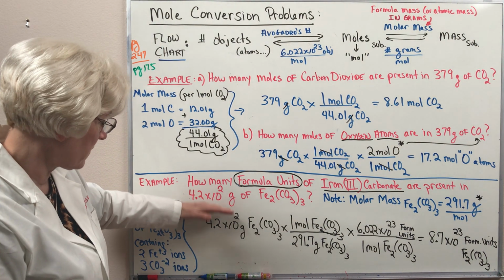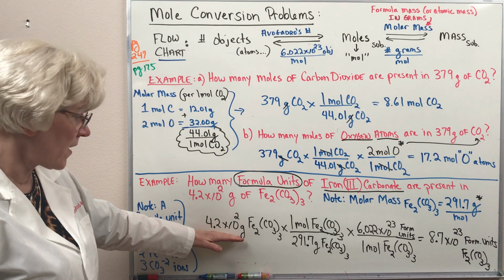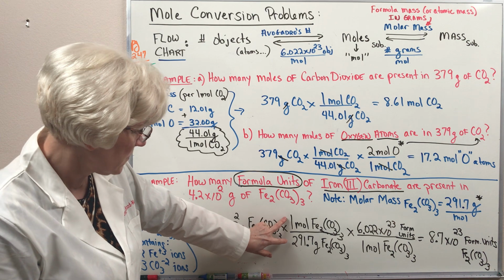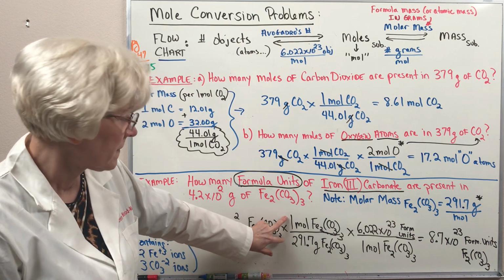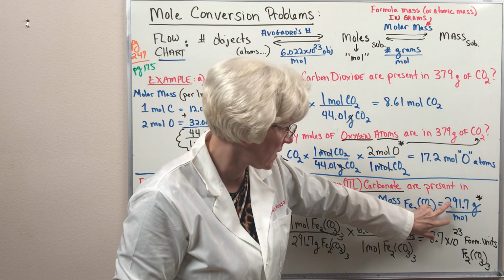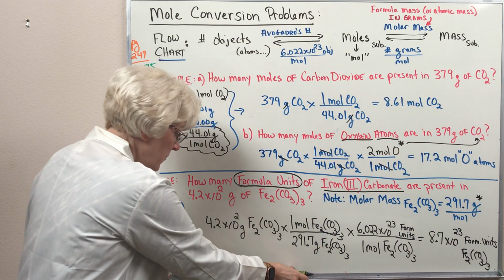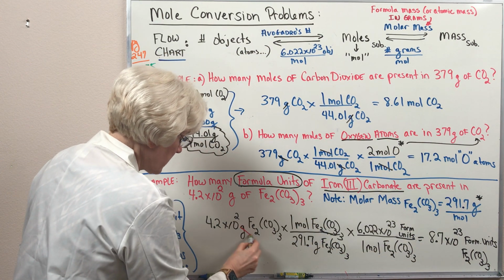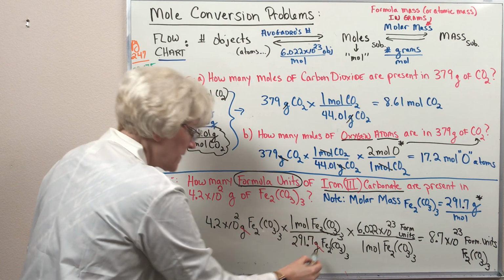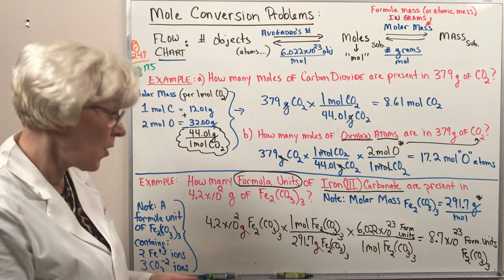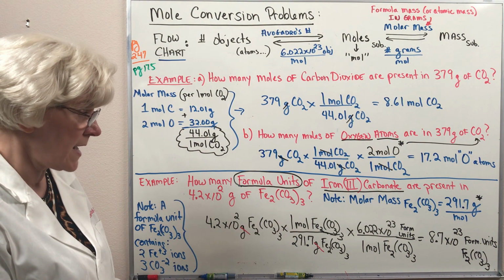So setting the problem up, here is my starting mass of iron 3 carbonate. I'm using the molar mass as a conversion factor in its flipped form so that my units of grams will cancel. So if I stop the calculation right here, I just calculated moles of iron 3 carbonate.